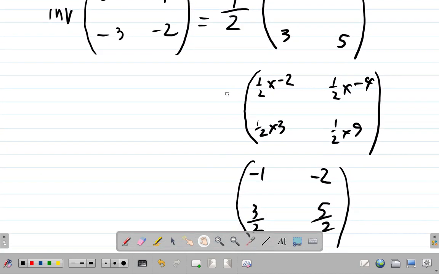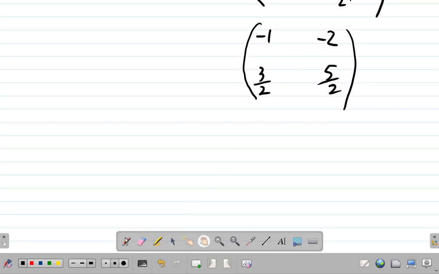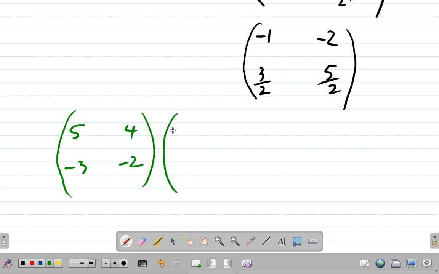So 5, 4, negative 3, negative 2 will be multiplied by negative 1, negative 2, 3 over 2, 5 over 2. If we don't get the unit matrix, then we have made a mistake and need to recheck our steps.